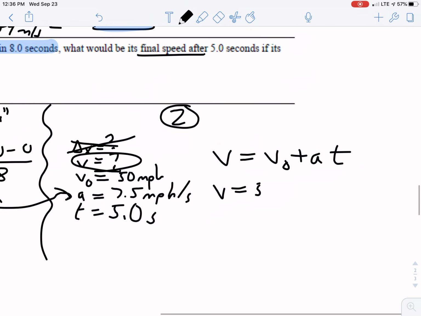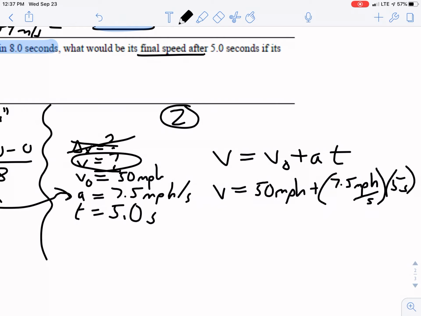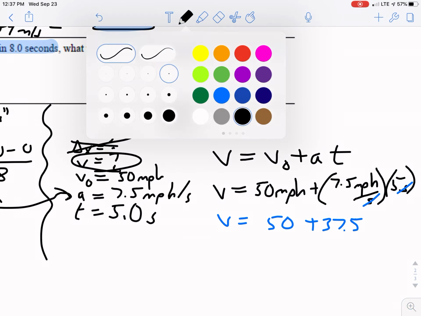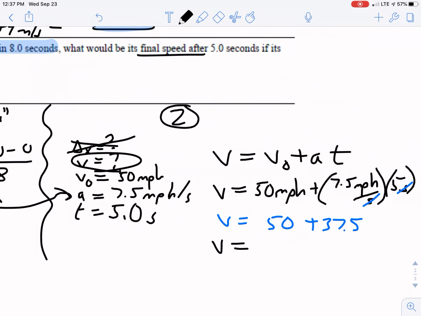We're going 50 miles per hour plus 7.5 miles per hour per second times 5 seconds. You can see the units cancel correctly. And then 7.5 times 5 gives us 37.5. Adding that to the 50, we end up with a final speed of 87.5 miles per hour.